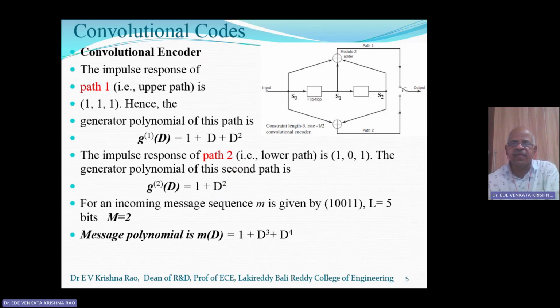For the message bits 10011, a sequence of five bits, L equal to 5, we can write the message polynomial as 1 plus D cube plus D power 4.